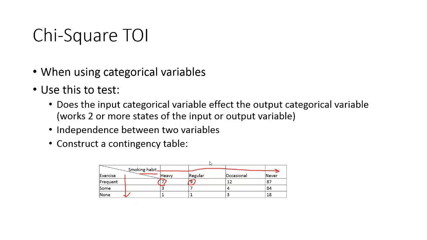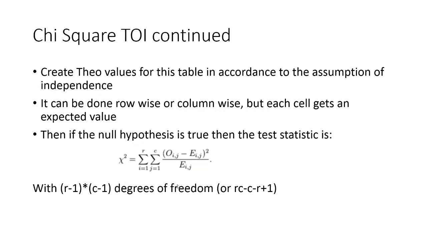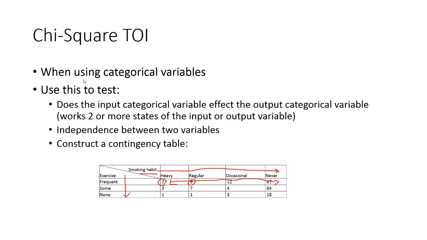You would take each of these values and see how frequently they occur within each row, and similarly do that for each row. Finally, you would create theoretical values for this table in accordance with the assumption of independence. If I believed these were completely independent, I would take the row-wise sums and the column-wise sums, and conclude that for row 1 there would be a 48.7% chance of seeing a particular value occur in a particular spot.